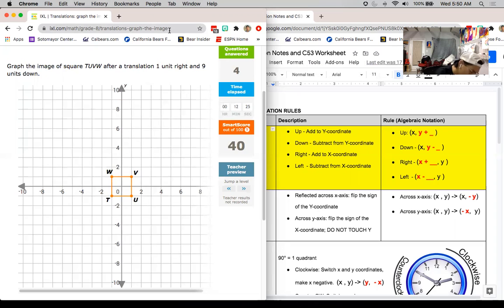So T, U, W, and V. So T is at point -1, -1. U is at point 1, -1.